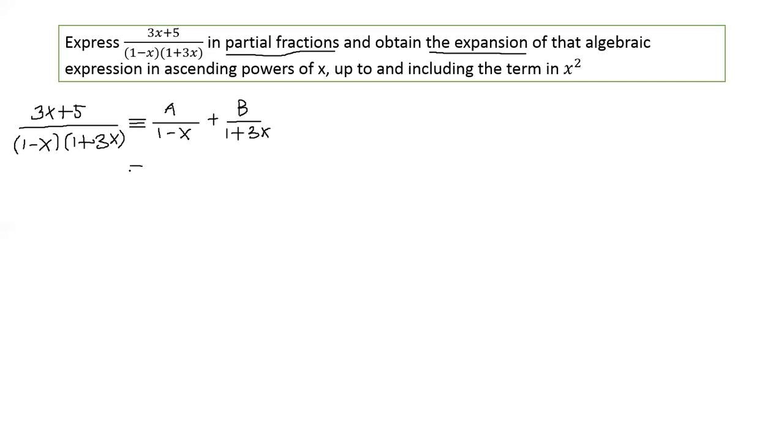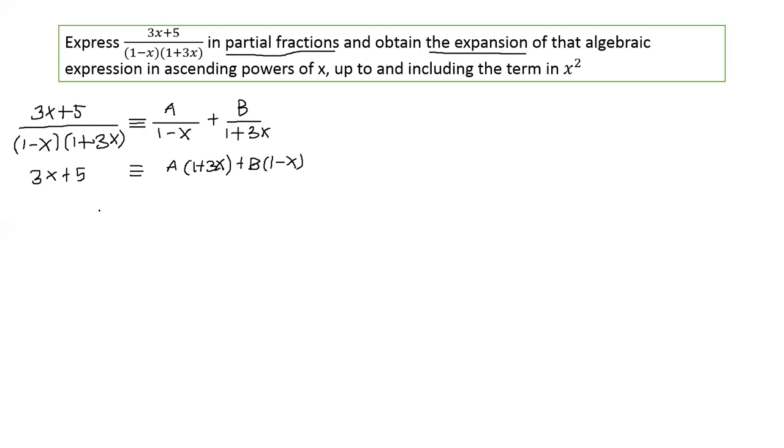And afterwards, the numerator 3x plus 5 is identical to a times (1 plus 3x) plus b times (1 minus x).